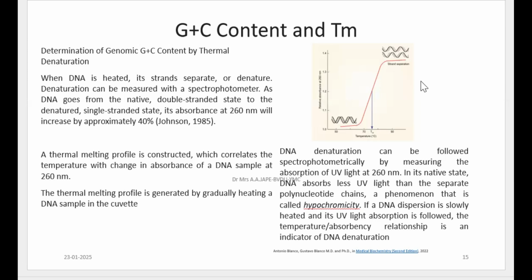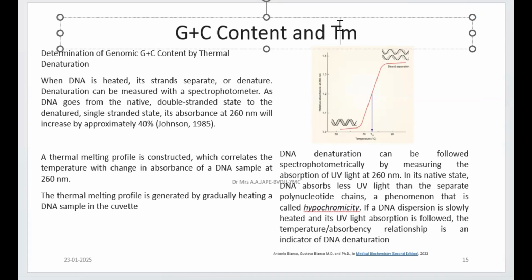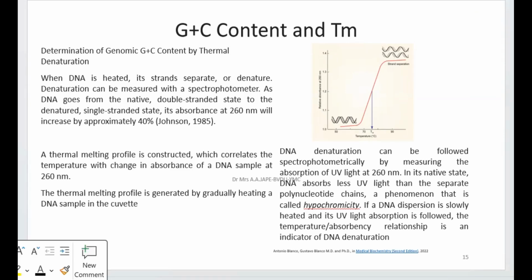The more the GC content, the more strongly the two strands are attached, because there are three hydrogen bonds between G and C. So here the point is that if the GC content is more, the Tm value is going to be high. Are there any other factors which can affect the Tm value?